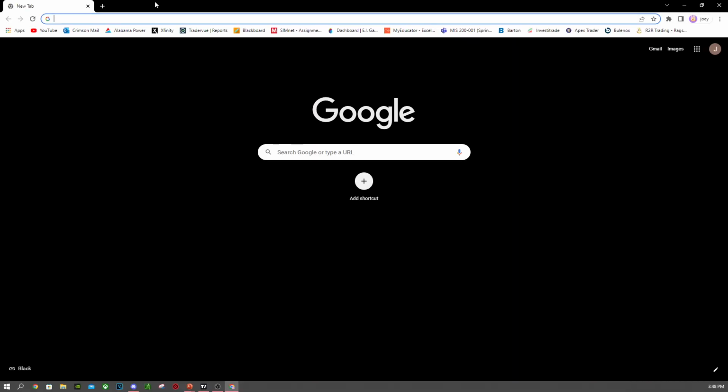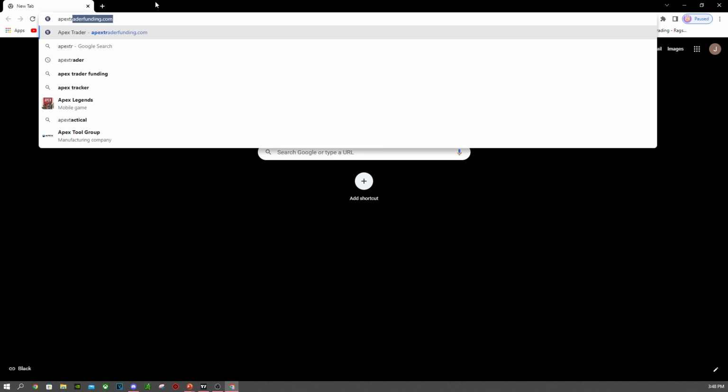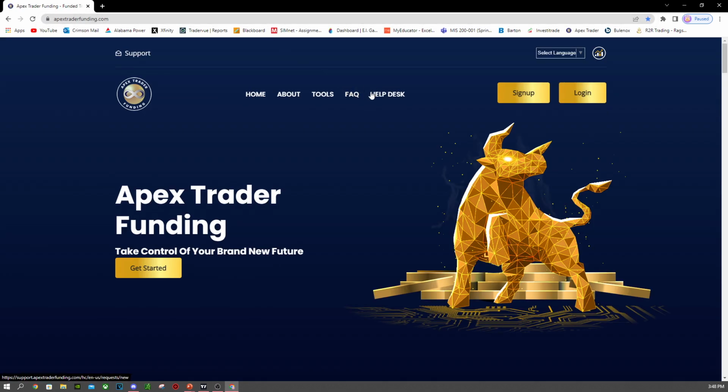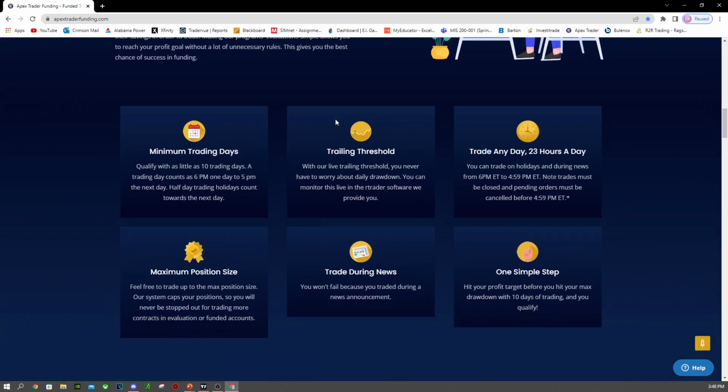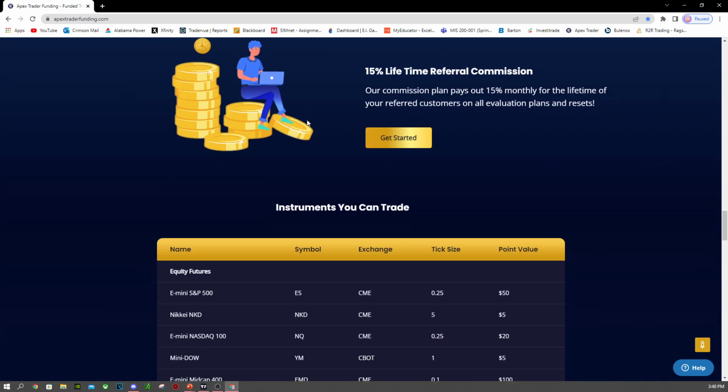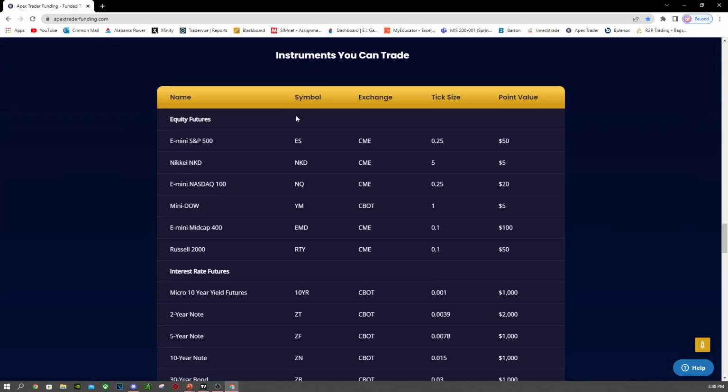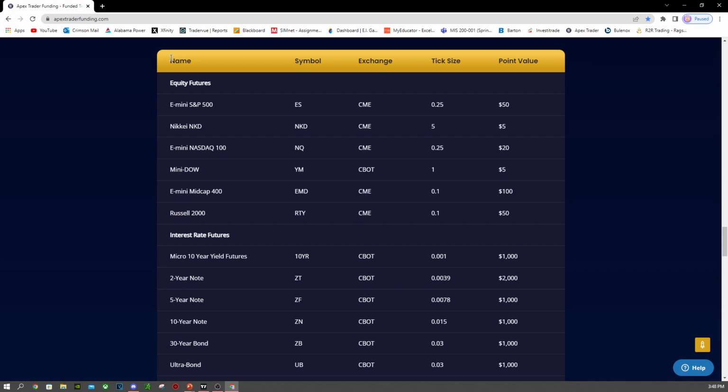Let me pull up Apex Trader Funding. If you scroll down on apextraderfunding.com, you see these are all the equity futures. We have ES, and it moves in ticks of 0.25.